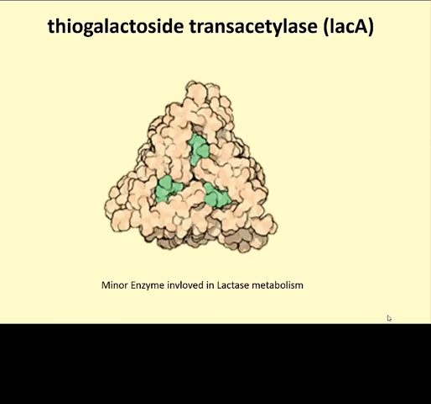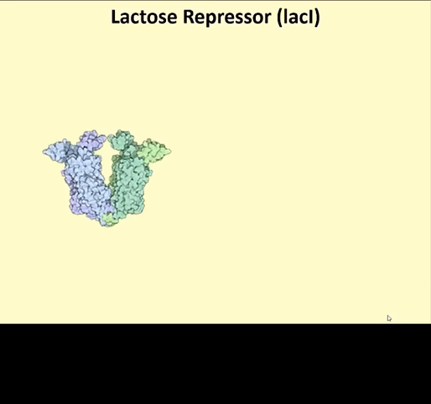Finally, lacA encodes a minor enzyme that chemically modifies lactose during its metabolism. This enzyme is not important for our purposes, and we will not go into details here. The lacI gene codes for a protein, the lac repressor, shown here on the left, which is a DNA binding protein.